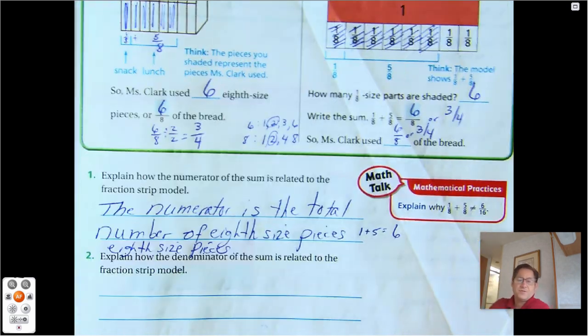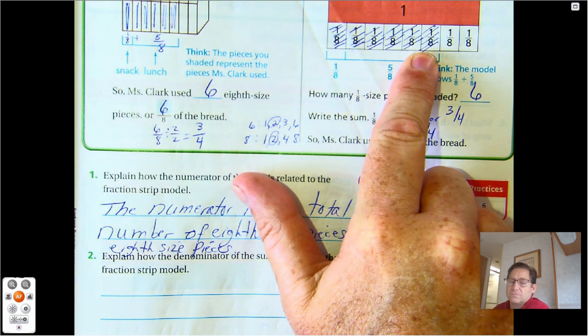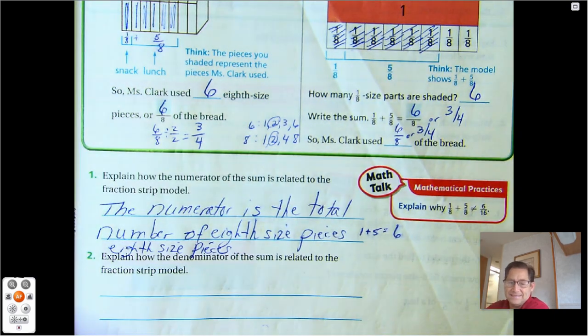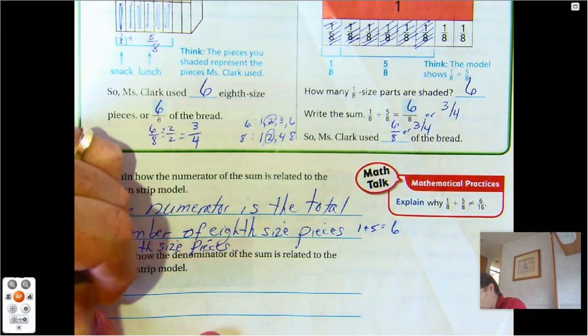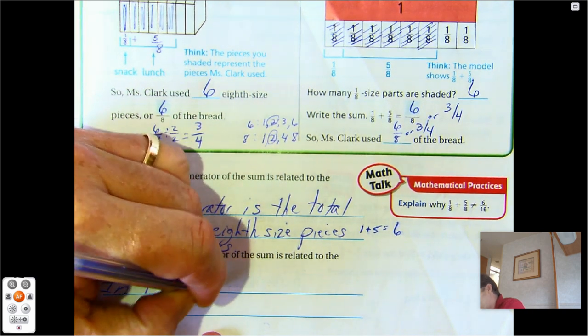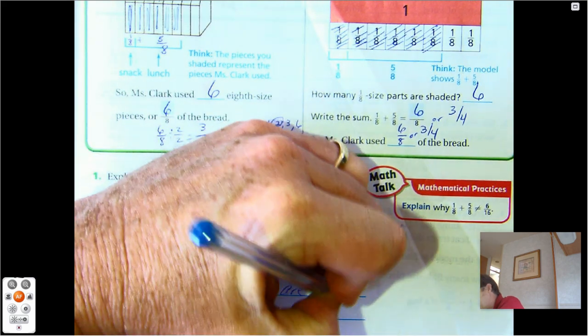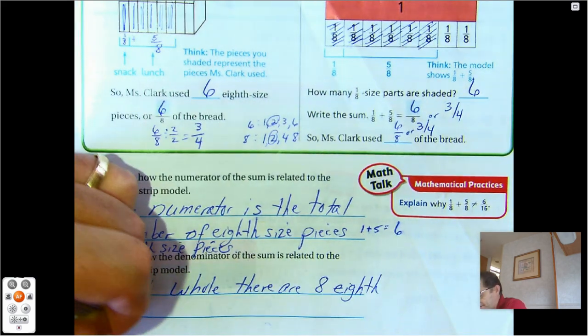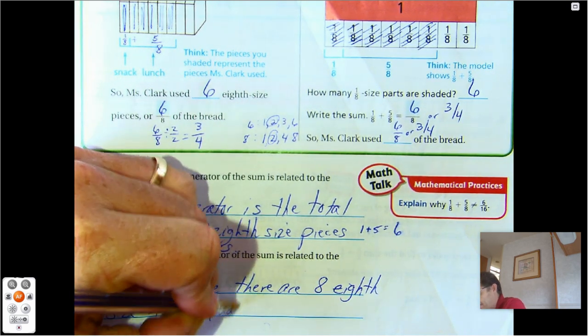Basically, the numerator is the total number of eighth size pieces. 1 plus 5 is 6, right? Because we had 1 here and we added 5 more. So that gave us 6 one-eighth pieces. Explain how the denominator of the sum is related to the fraction strip model. In one whole, there are 8 eighth size equal pieces.